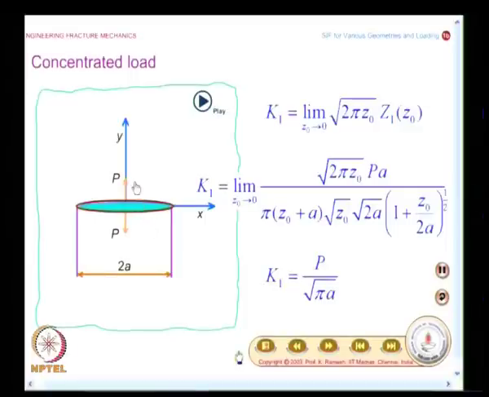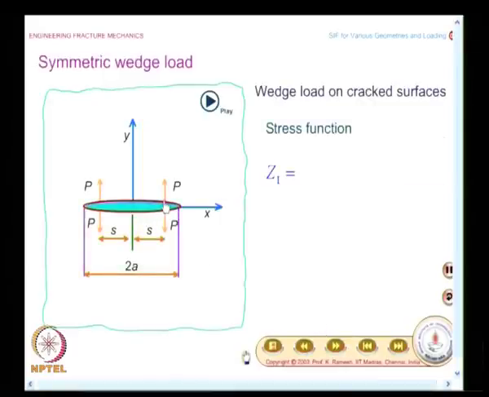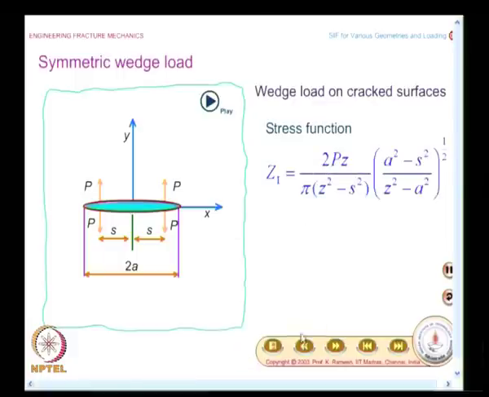And what you will also notice is, I have a solution for this case, and you could use this for many other problems which are similar. In the last class we had also taken up another case where I have symmetrically loaded crack faces. You have two forces at distances plus s and minus s from the center of the crack, and we got the stress function in this fashion.